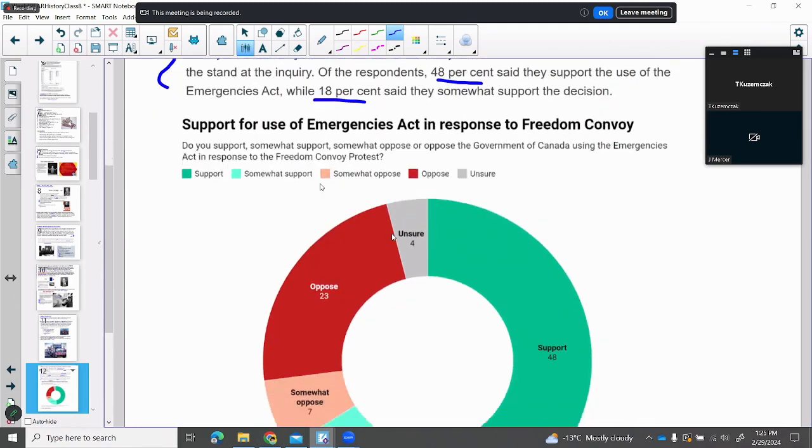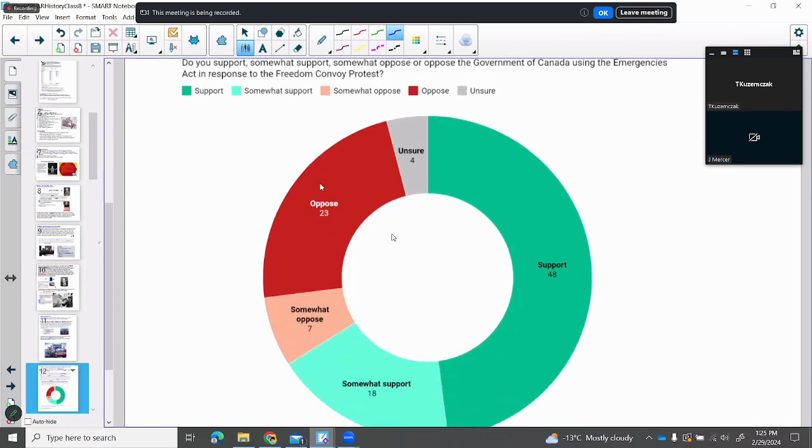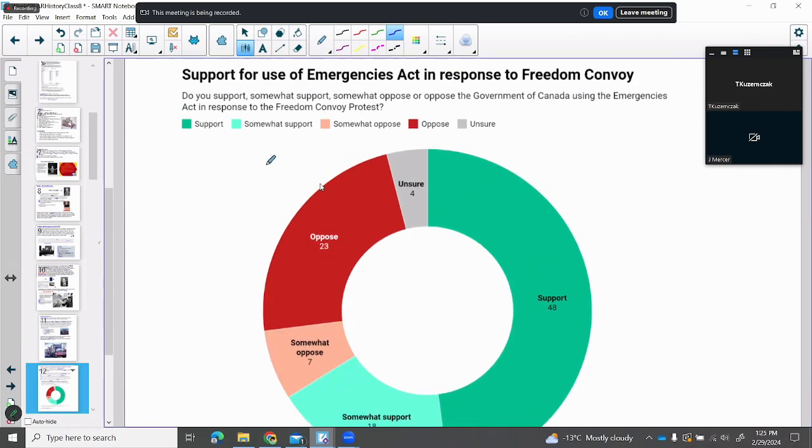You could see from this chart, this was the question that was asked: do you support, somewhat support, somewhat oppose, or oppose the government of Canada using the Emergencies Act in response to the Freedom Convoy protest? So you see the bright green, that's the people who took the survey and supported it. So 48%.